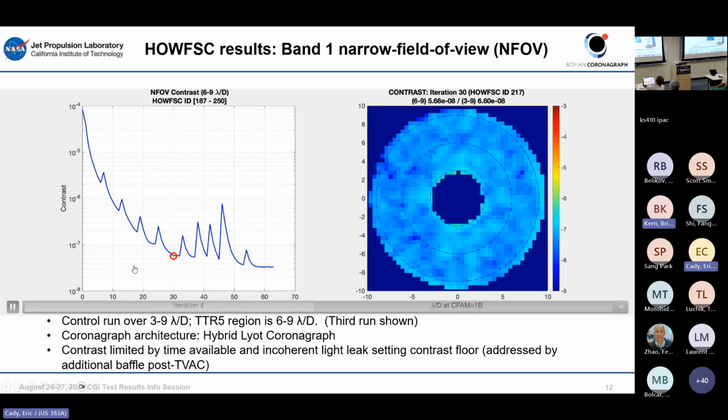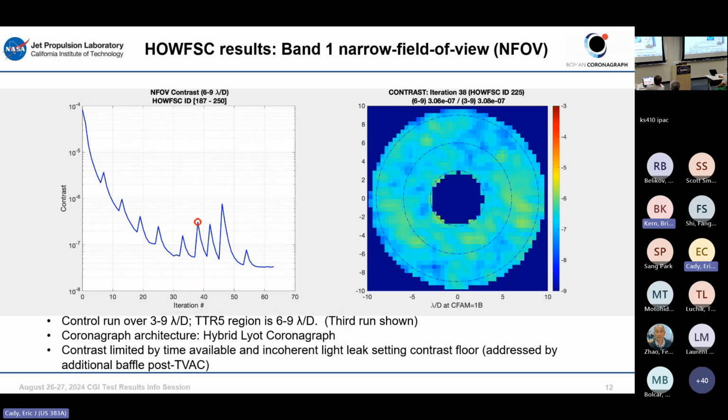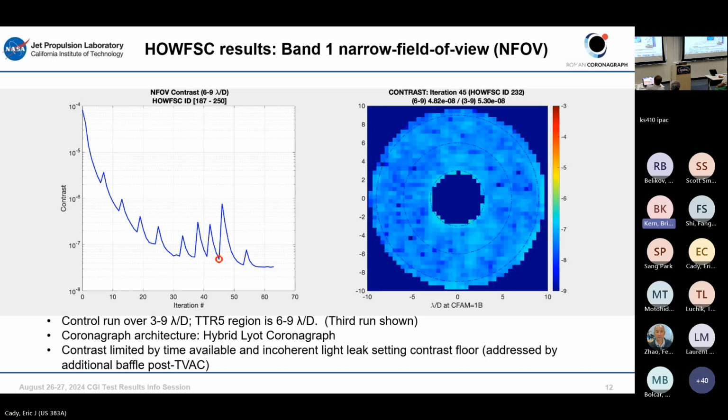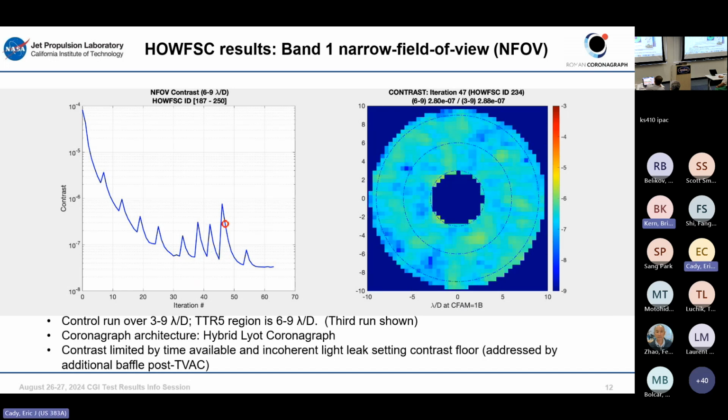You could see the beta bumps as we went along. As it goes up, you could see the contrast spiking a little bit and going back down. Then we did a little bit more aggressive to try and get some of the finer speckles, then a little less aggressive at the end as we came to the end of the available time.